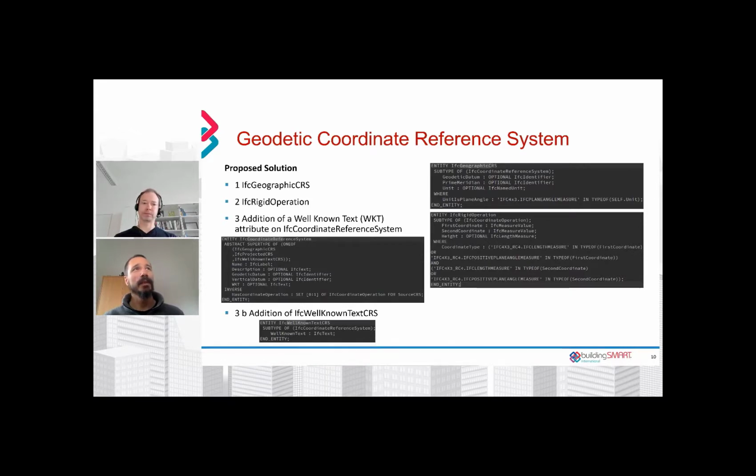Going to the other one, there is an IFC rigid operation, which allows us to still use georeferencing, but this rigid operation is for the purpose where we use georeferencing just to position something, and we don't take distortion into account.